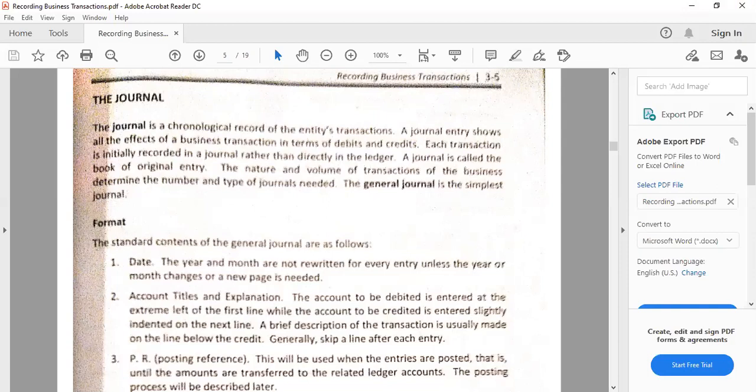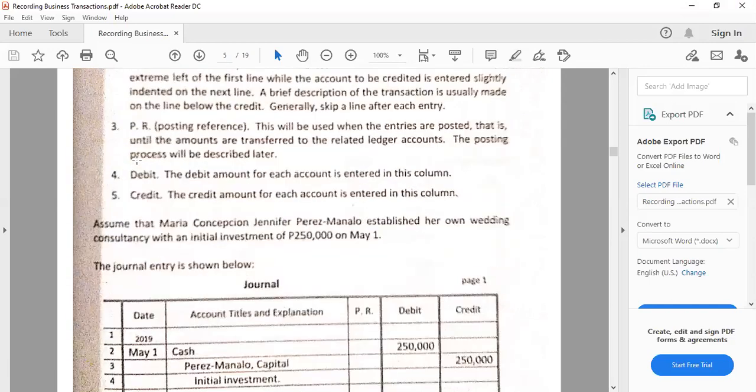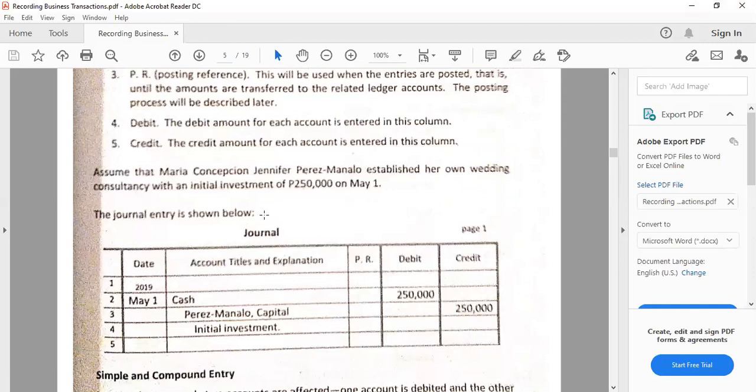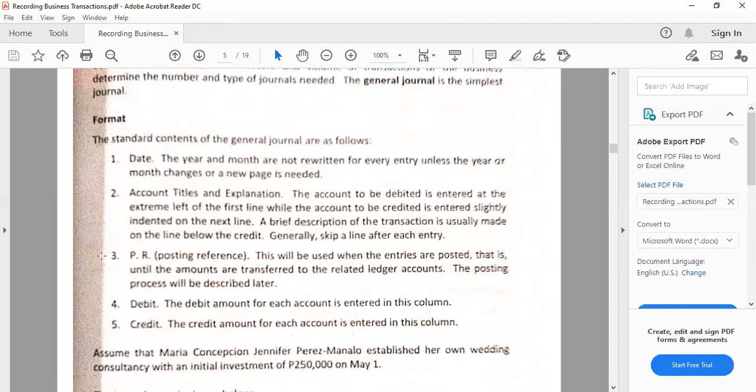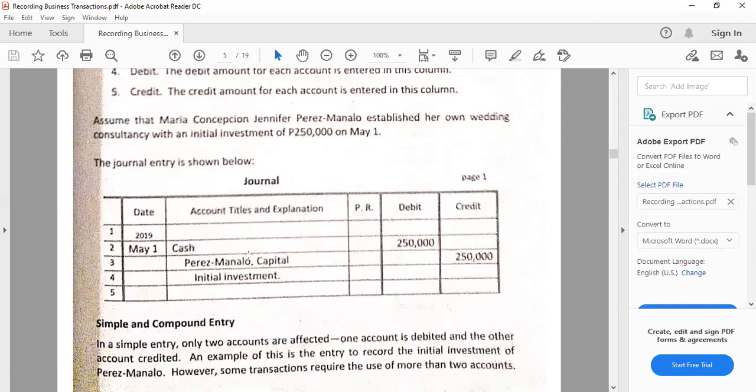And of course, there are also other types of journals and ledgers that you will know in the future. The general journal is the simplest journal format. Anyway, these will be discussed as we look into the example. So let's have it. We have the transaction here.